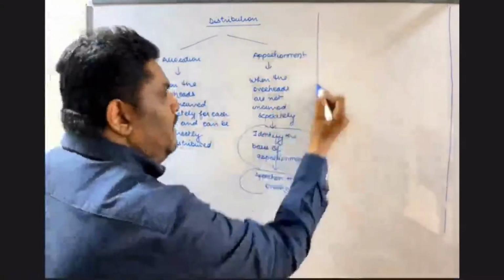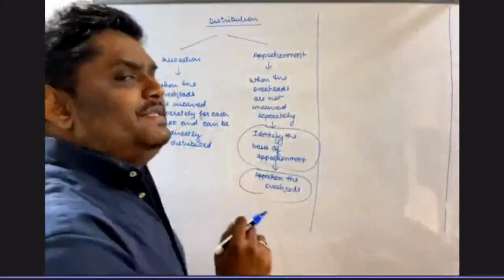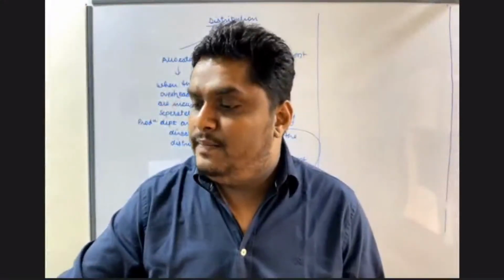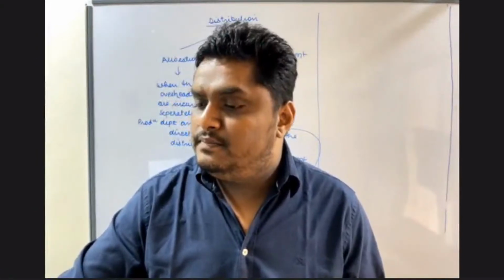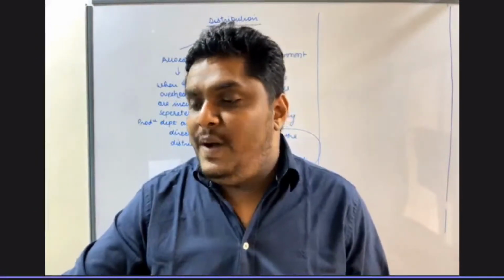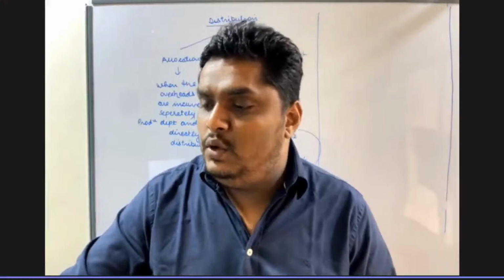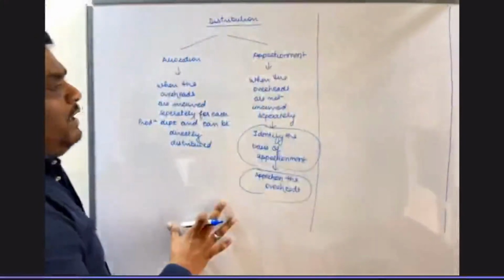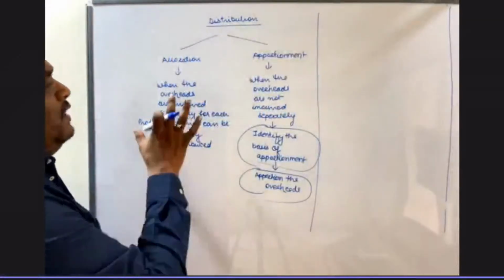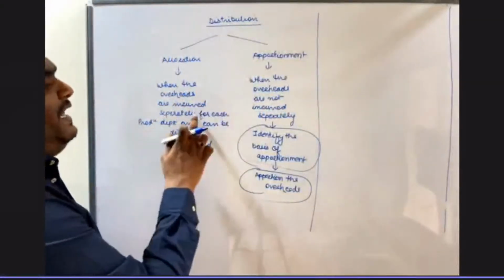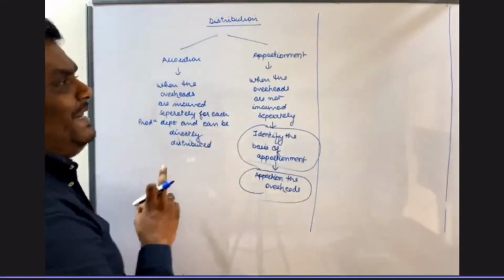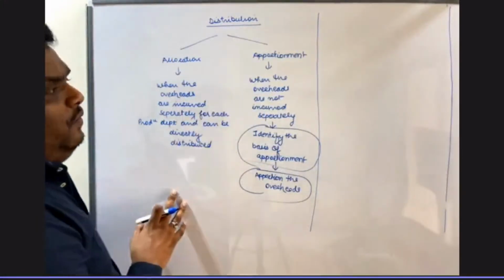Now, let me discuss this difference of allocation and apportionment with the help of an example. Let me cover this part separately, Mr. Soumya Kant. Don't worry, I'll be covering this part also. So when talking about allocation, I repeat again, guys, when the overheads are incurred separately for each production department and can be distributed directly, we call it as allocation of overheads.